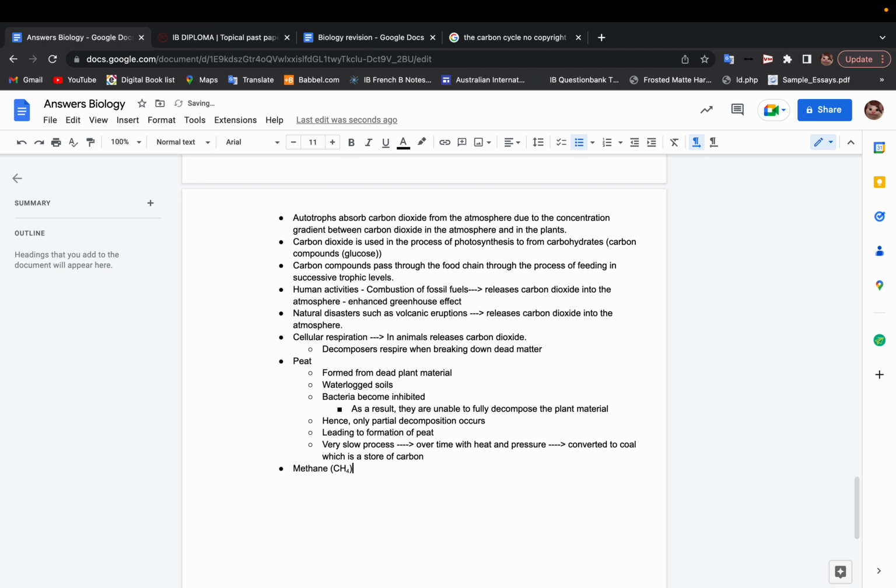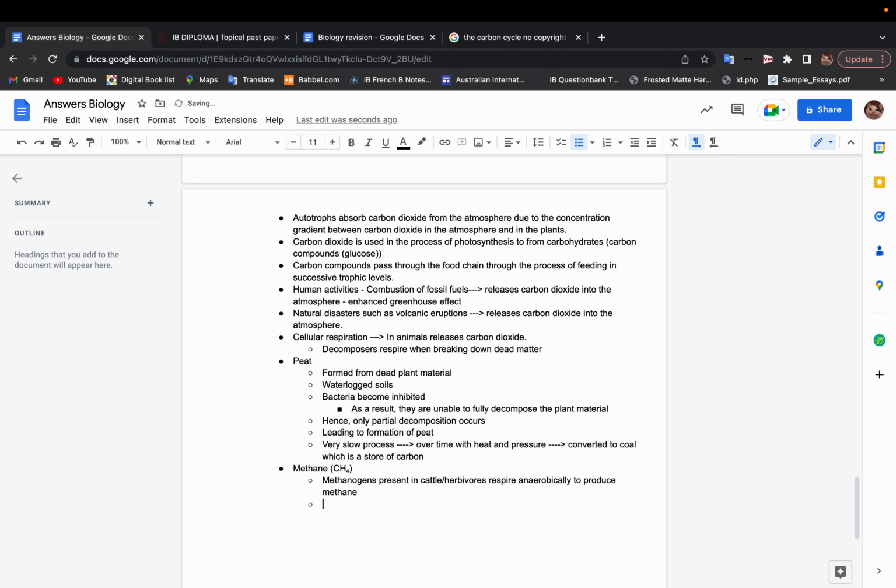So methanogens are present in cattle, or you can say herbivores, and respire anaerobically to produce methane.